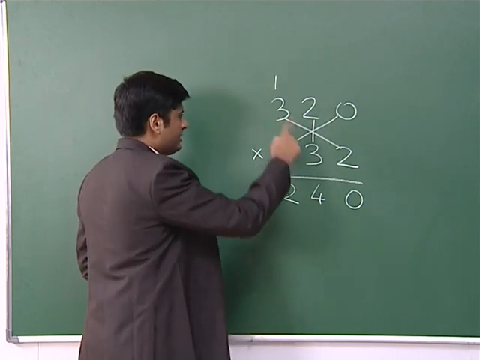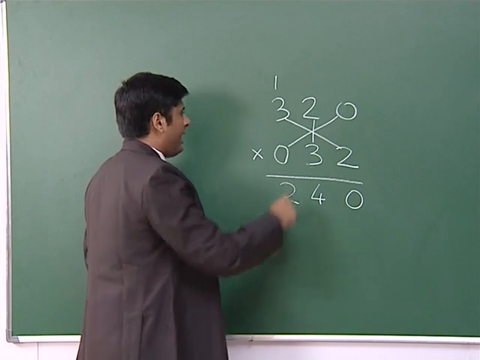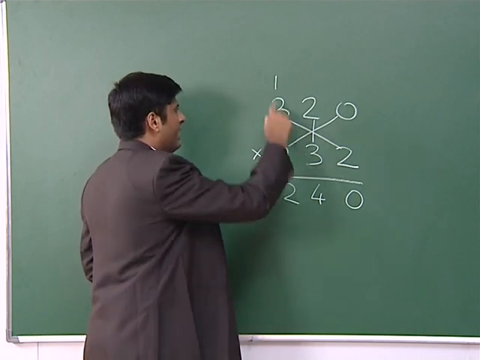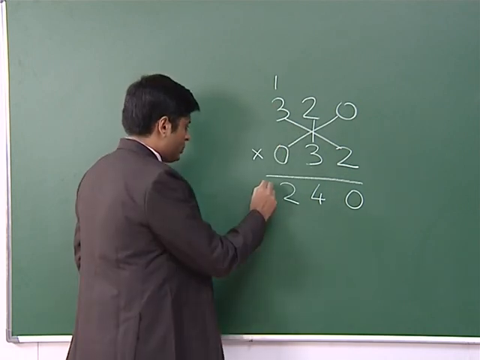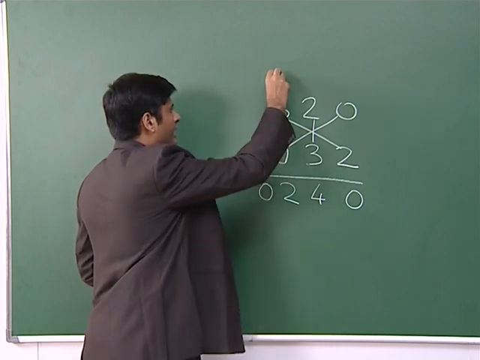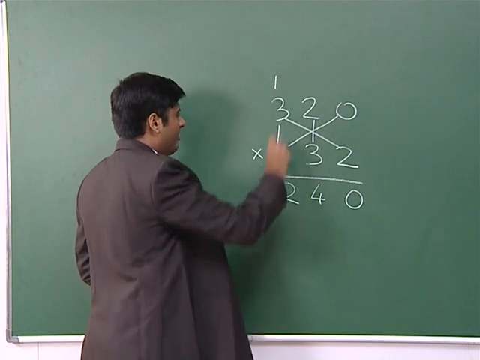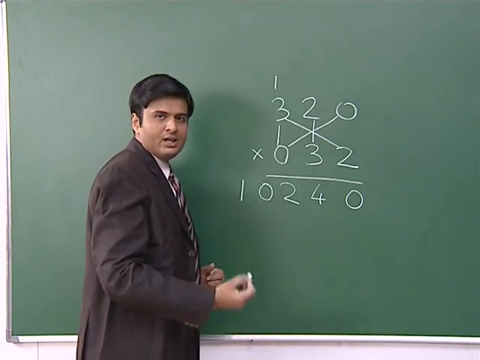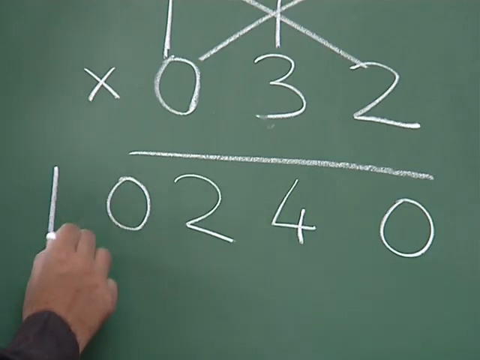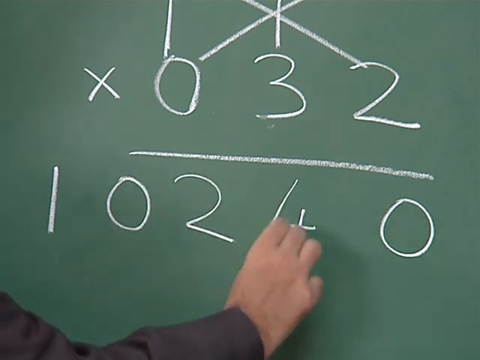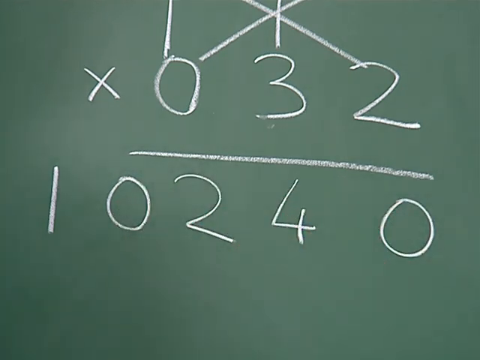Step D is 3 3s are 9, plus 0, 9, and 1, 10. So I write 0, carry over 1 again. Last step, 3 zeros are 0 and 1 carried over becomes 1. So my final answer is 1, 0, 2, 4, 0.